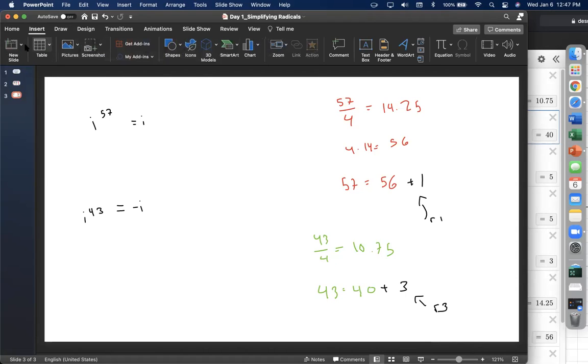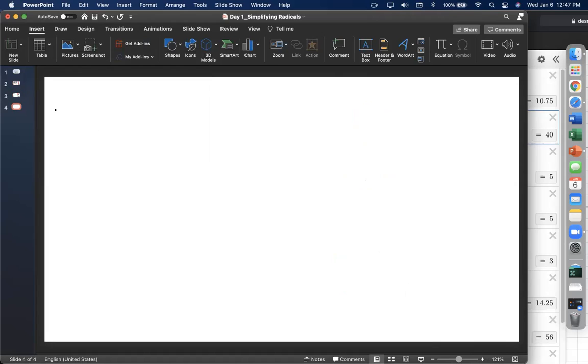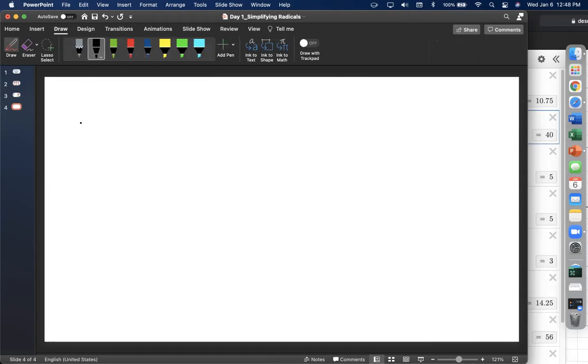Now the last thing I want to show you is what if you have something like i cubed times i up to the 109. What we do here is we're going to add our exponents.